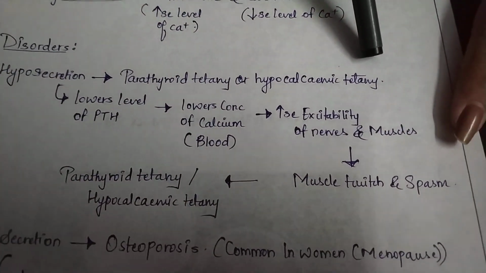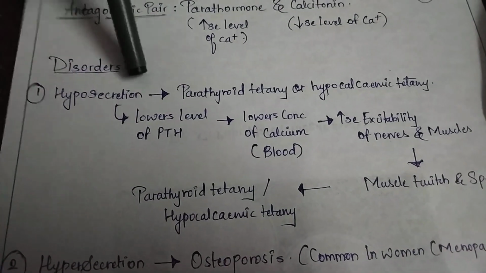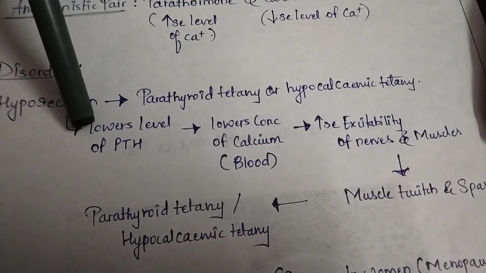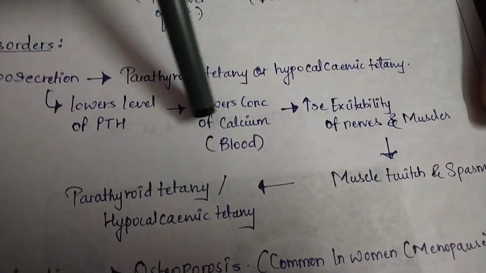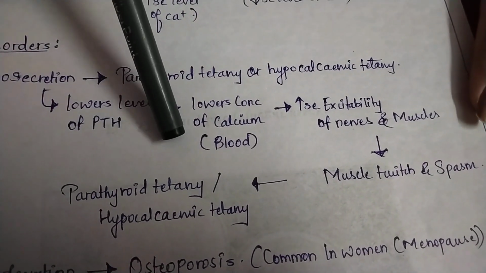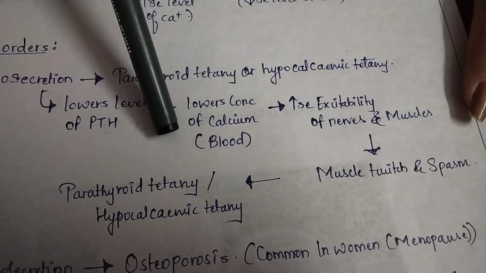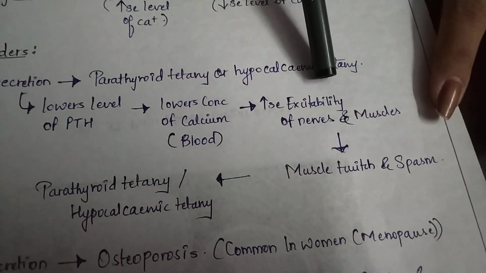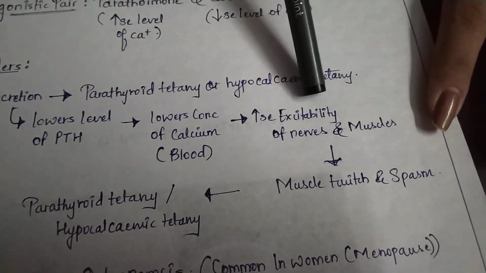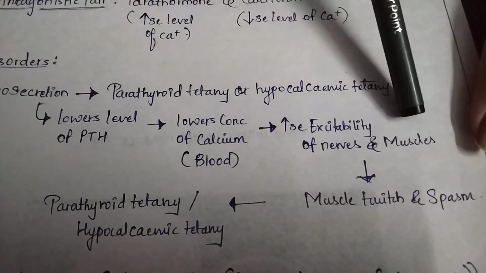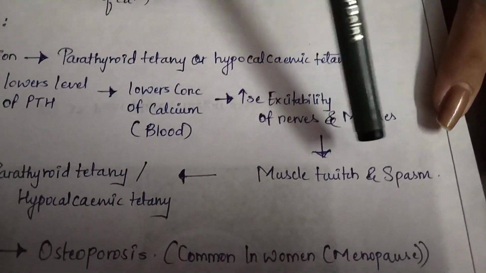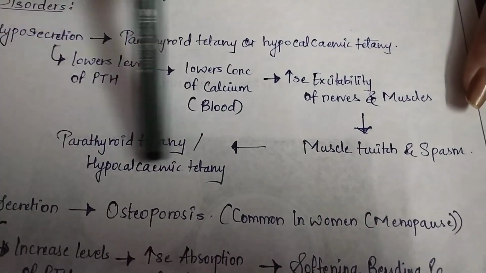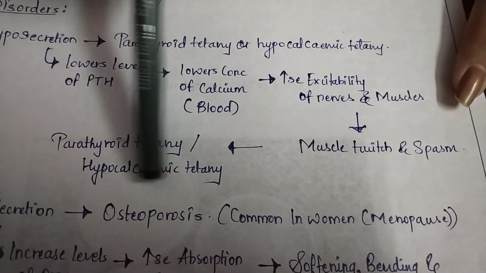What is the meaning of it? Due to the hyposecretion, there are lower levels of PTH. Due to these lower levels of PTH, low concentration of calcium is there inside your blood. Due to the low calcium concentration in the blood, there is increased excitability of nerves as well as muscles, and this leads to muscle twitch or spasms, that is, it is harming your muscle and eventually causing parathyroid tetany or hypocalcemia tetany.